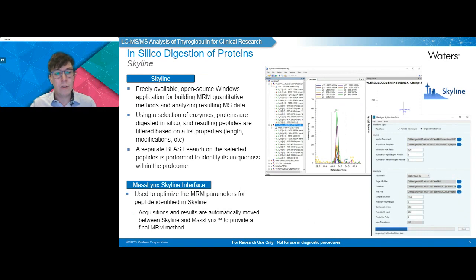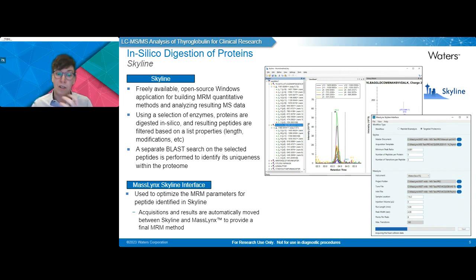And moving on to digestion parameters themselves, so looking at in silico digestion of proteins. To help assist with the identification of some of these target peptides, Skyline can be used. This is a freely available open source Windows application that helps build quantitative MRM methods and helps you analyze the subsequent data.